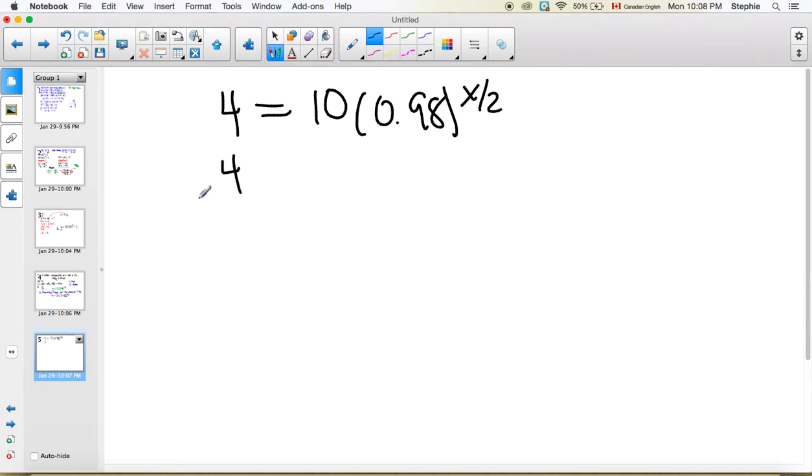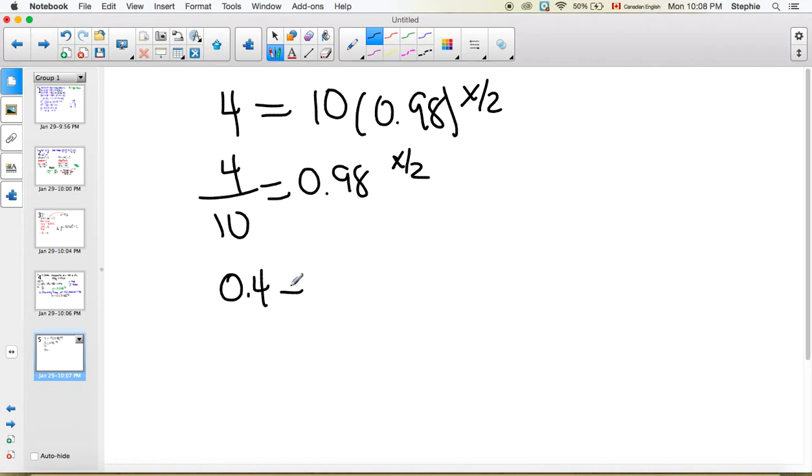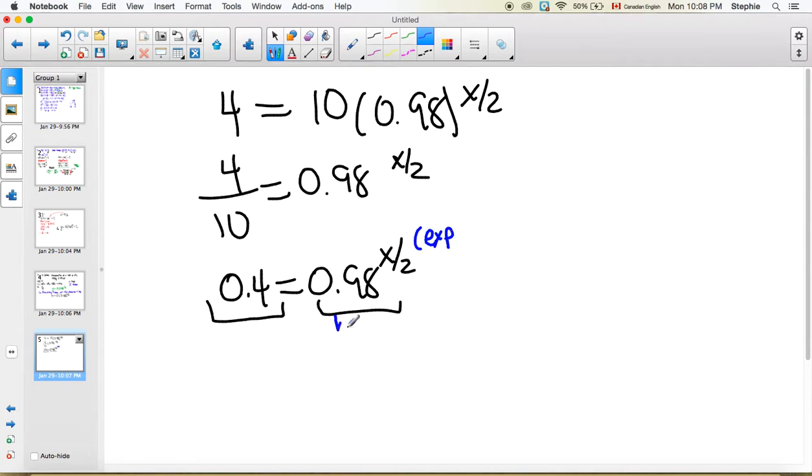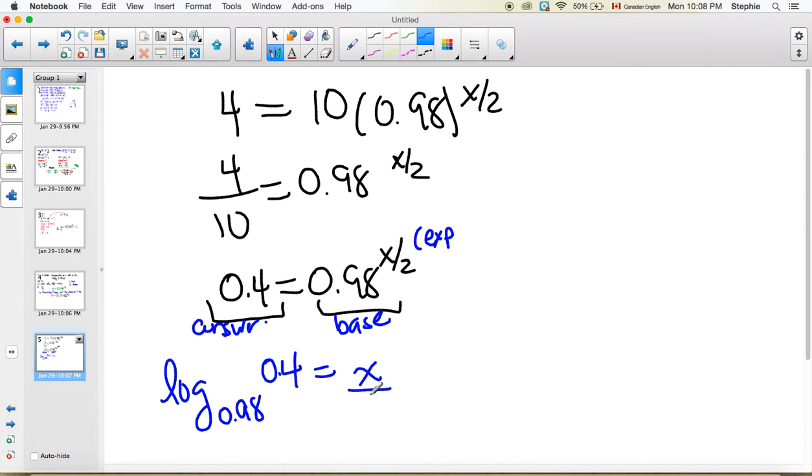So again, 4 is equal to 10 times 0.98^(x/2). So you're going to divide, of course, what you can. And this becomes 0.4 is equal to 0.98^(x/2). Now here's your choice. You either recognize that this is an exponential function and you label them: this is your exponent, this is your base, and this is your answer. So you will write out the word log, and then you put your base on the bottom. You put your answer over here and it equals x over 2.